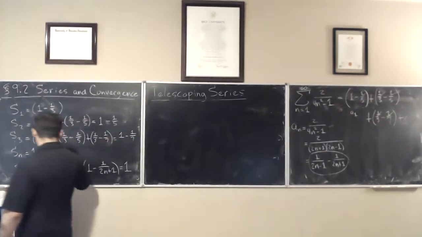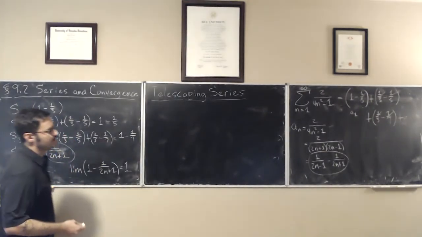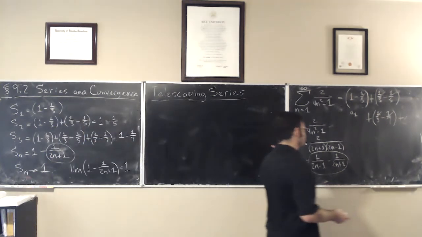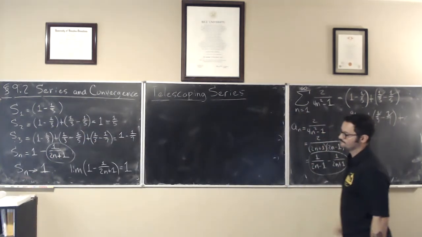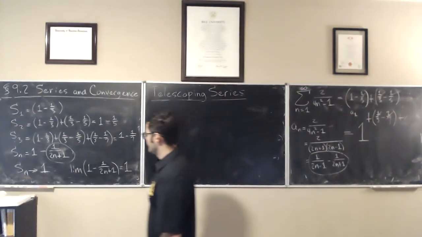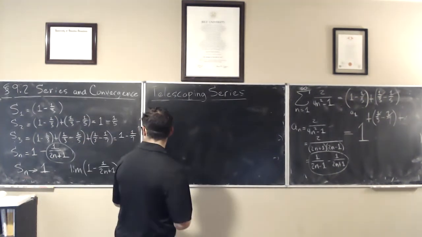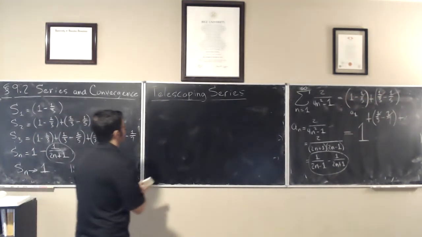If that diverges, the whole series would diverge. But because it converges, we're good. And that is equal to 1. Okay? All right, so that's an example of telescoping series.